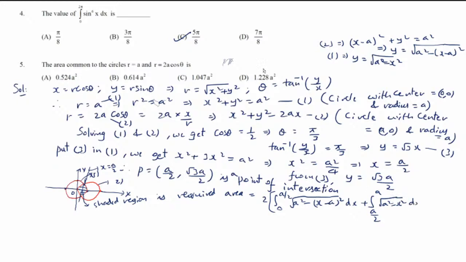Now I am writing a formula: integral root over a square minus x square dx is equal to x by 2 root over a square minus x square plus a square by 2 sine inverse x by a. This is the formula you have to use in both. In place of x, we have x minus a.